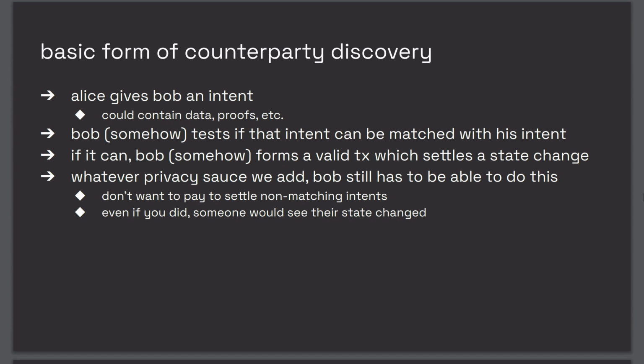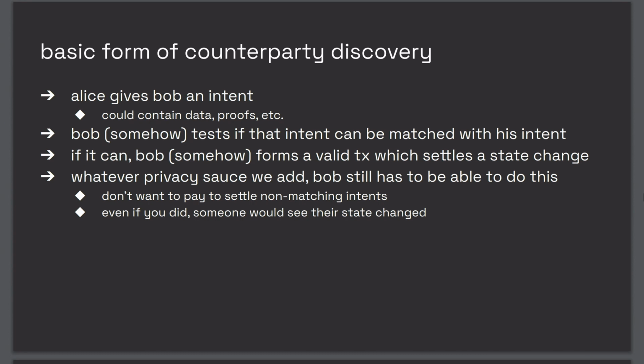And if it can, Bob needs to be able to form a valid transaction which will settle the appropriate state change, which satisfies Alice's preferences and Bob's preferences, which can be proved to the blockchain as satisfying those preferences, and which allows the parties to check the new state in the future. So we want to add privacy to this system.